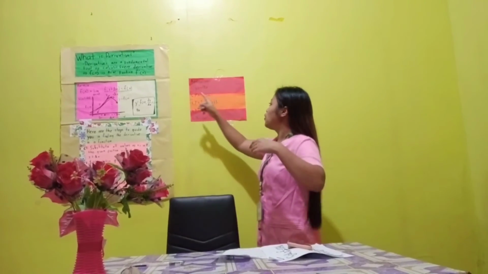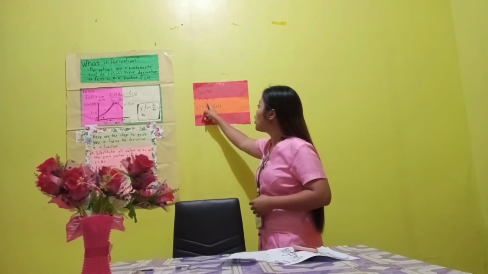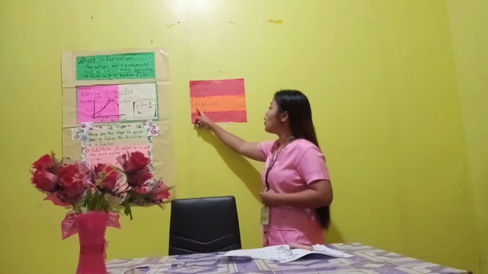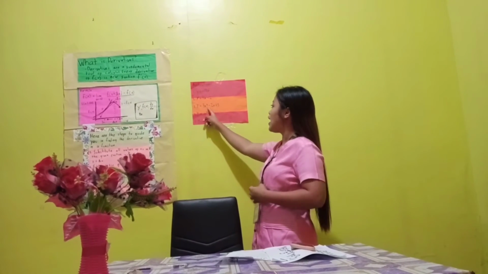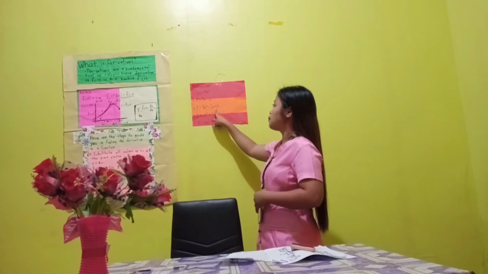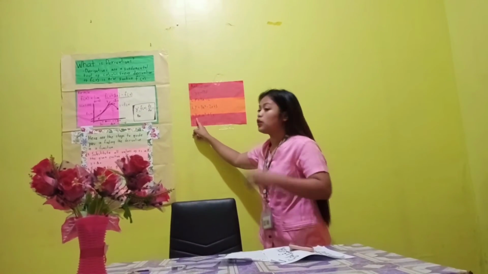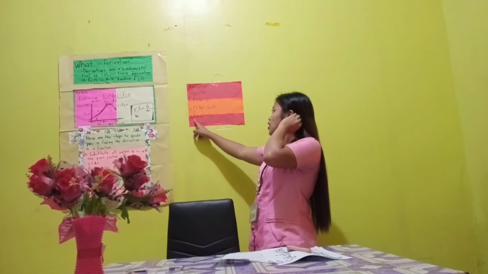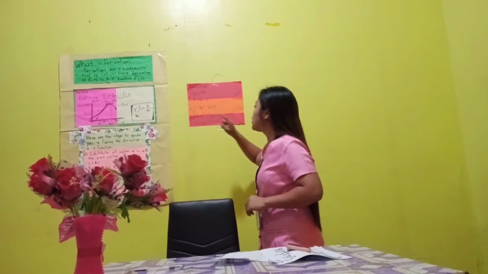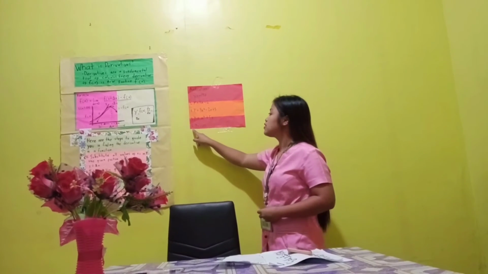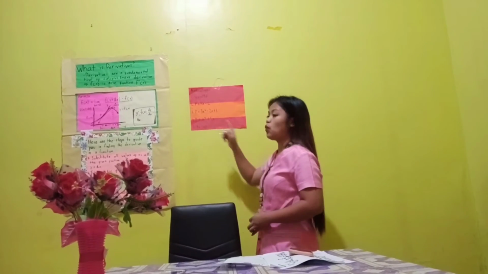Group 2, you will answer y equals 4x minus 12. Group 3, you will answer y equals 3x squared minus 2x plus 5. Group 4, you will answer y equals x squared plus 5x. Group 5, you will answer number 5, y equals 100.